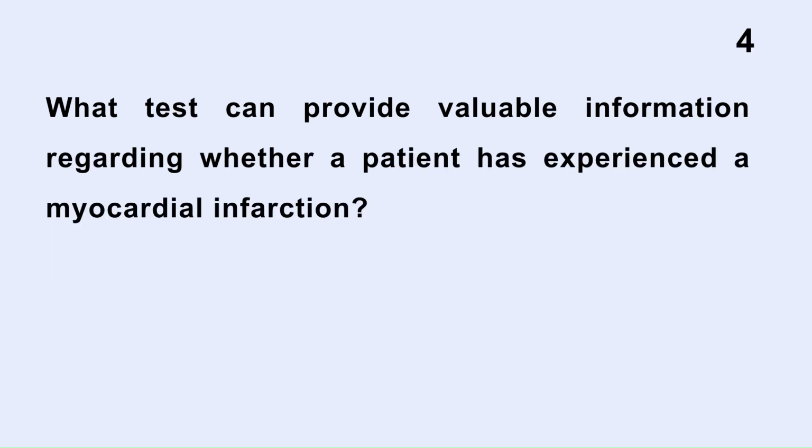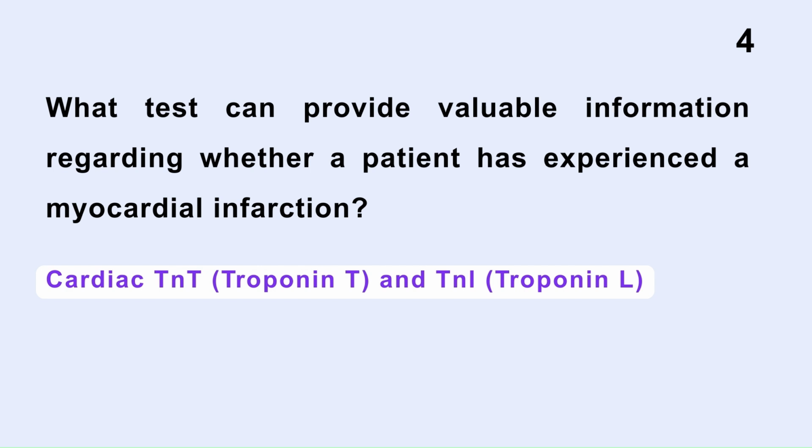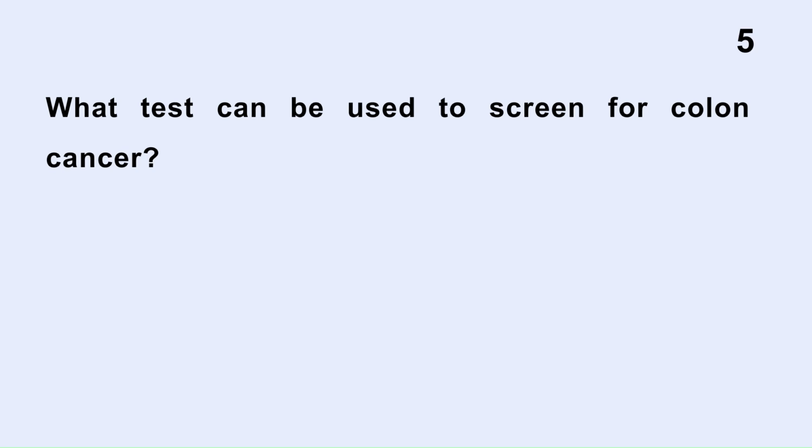What test can provide valuable information regarding whether a patient has experienced a myocardial infarction? Cardiac TNT, troponin T, and TNI, troponin I. What test can be used to screen for colon cancer?